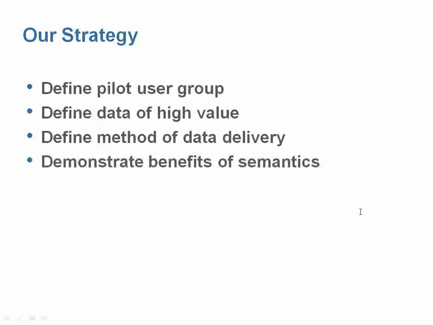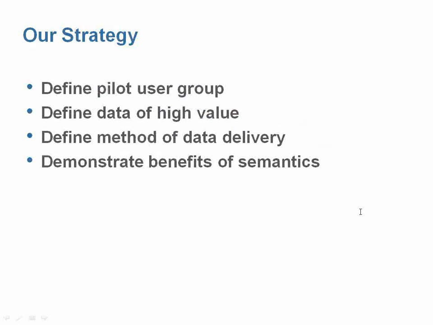First, we defined a pilot user group, and we also defined data of high value. Now those two things interact with each other, because depending on who your users are, they'll find different data of high value. And I'll talk about who our pilot users were and what data we thought they would find of high value on the next couple of slides. You also have to figure out how to deliver the integrated information to them.